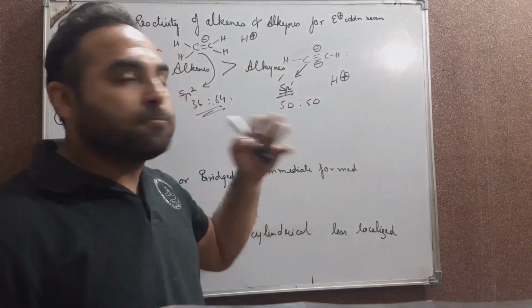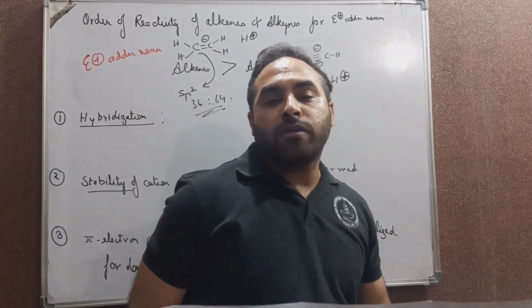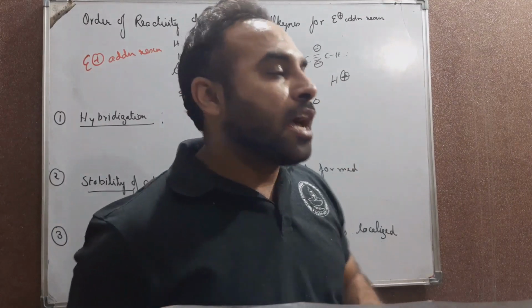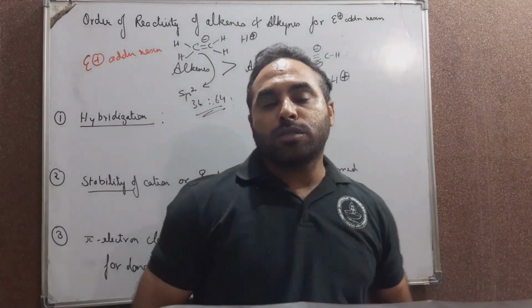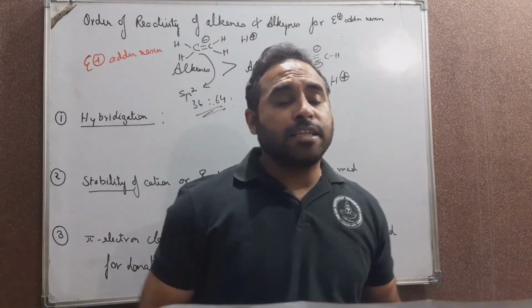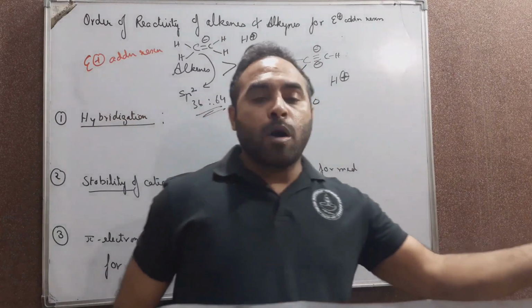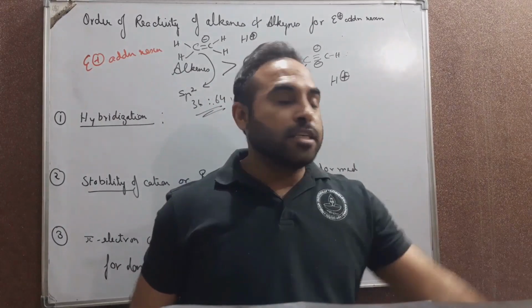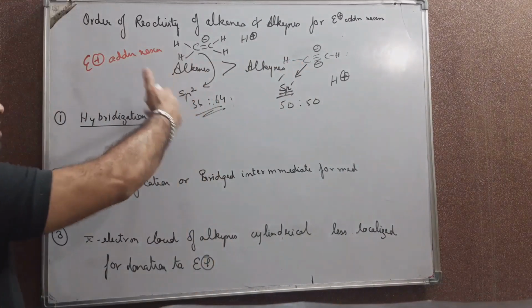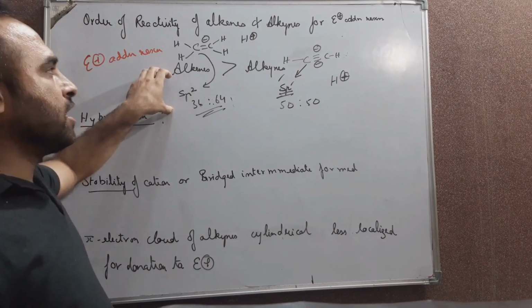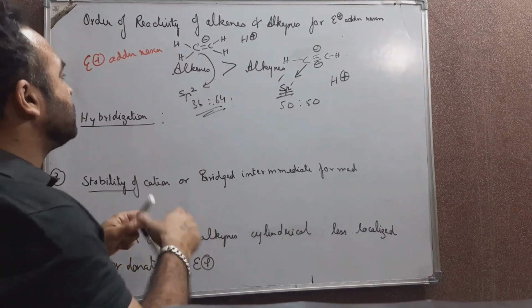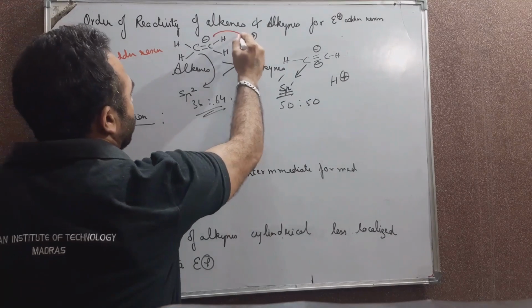If the person is a miser, even after having $500, he will straight away deny and say he has no money. While the person who is extravagant, who just spends like anything, will give the amount easily. Similarly over here, because alkene has sp2 hybridized carbon, which is less electronegative, it will give the electrons easily to the incoming electrophile.